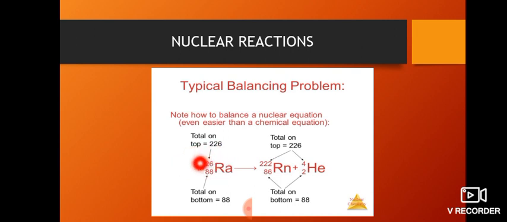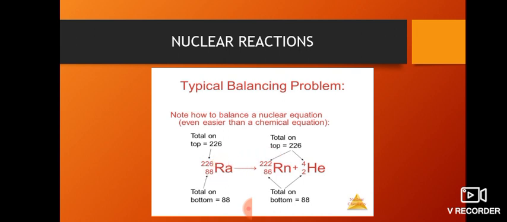This means that the superscript, which is the mass number, on my left should be equal to the values that I have on my right. So the sum of all the mass numbers on my left should be equal to the sum of all the mass numbers on my right.